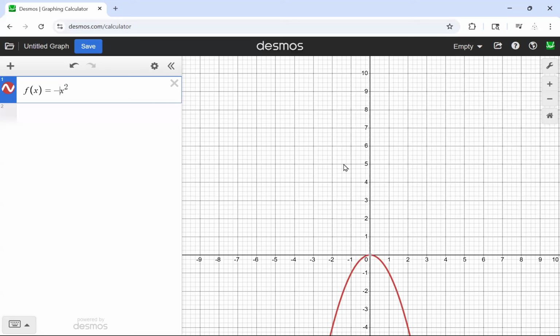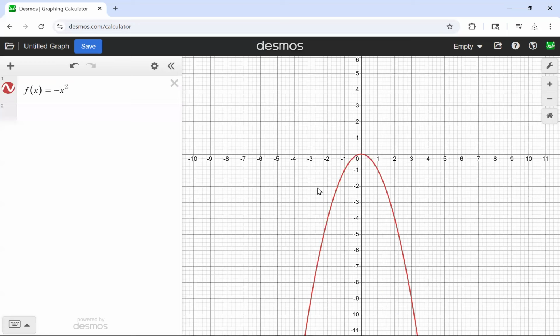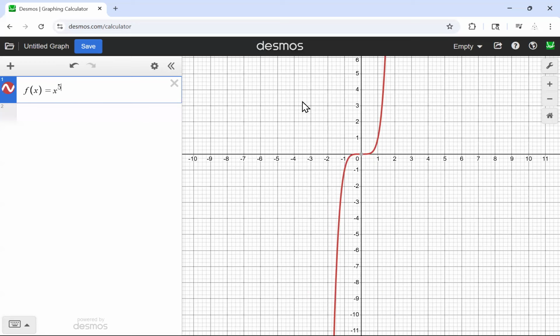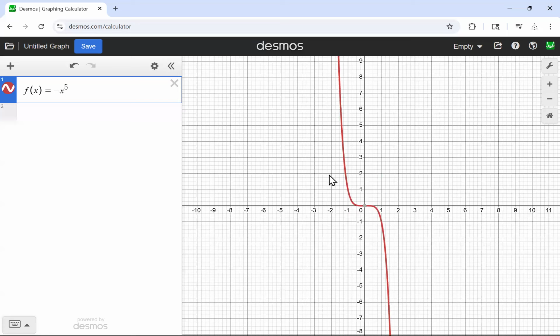If I put a negative in front, then I just flip the entire graph upside down. That's the same thing if I have x to the third or x to the fifth as well. X to the fifth looks like this. If I put a negative in front, I just flip it upside down.